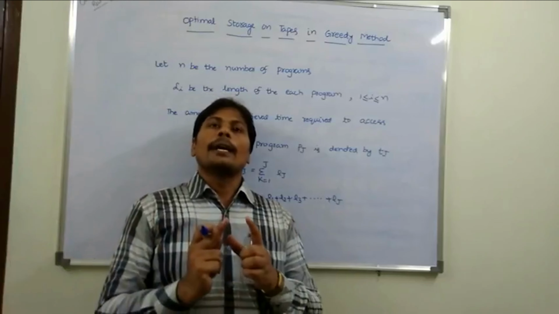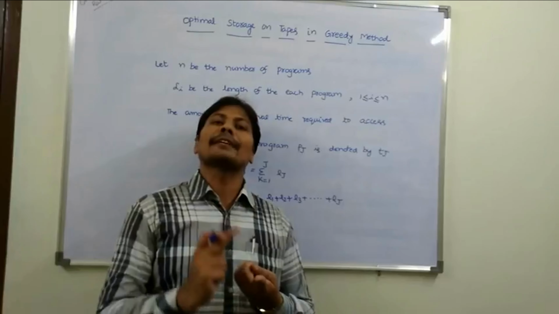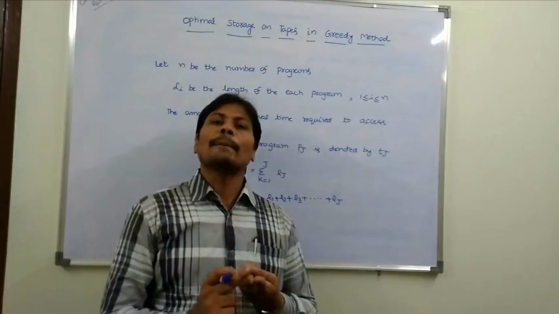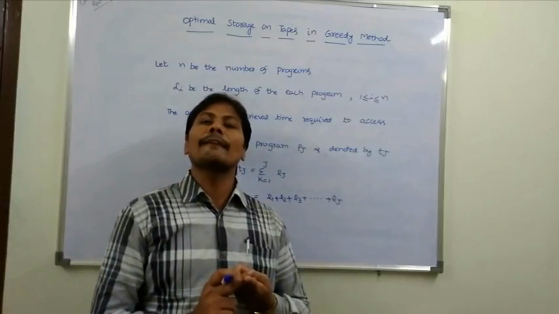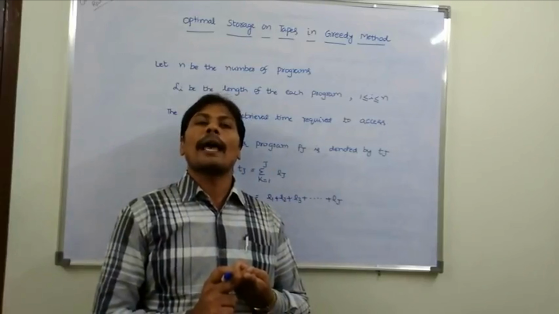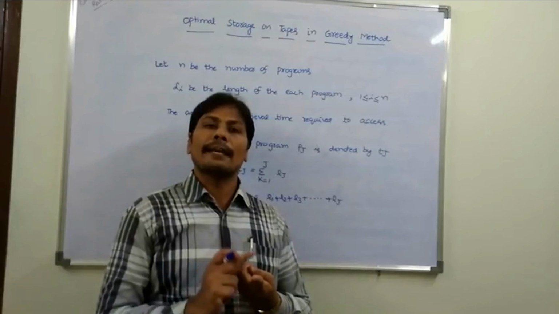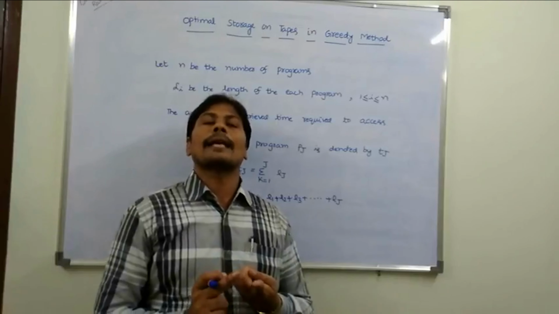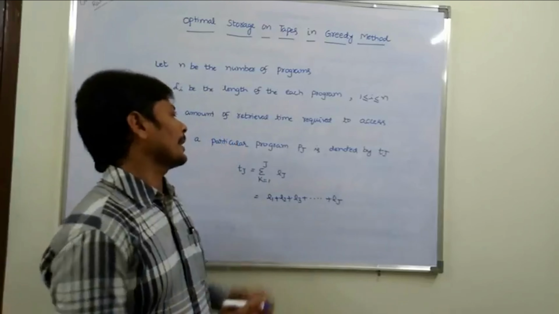So that is the accessing time for the first song plus the second song plus the third, fourth, fifth, sixth, seventh, eighth, and ninth song. So this is the total retrieval time.